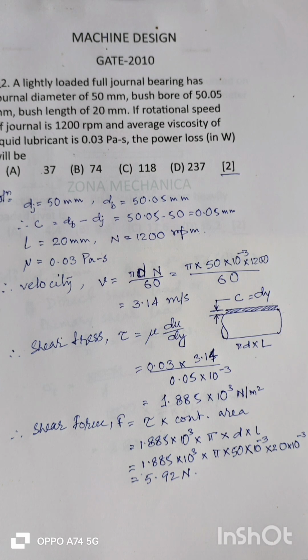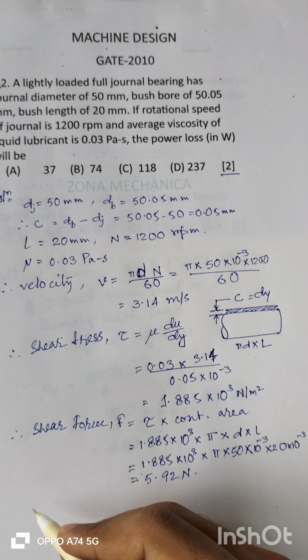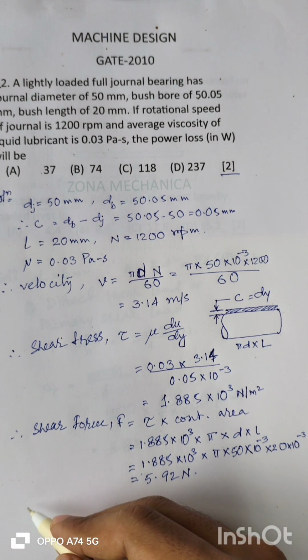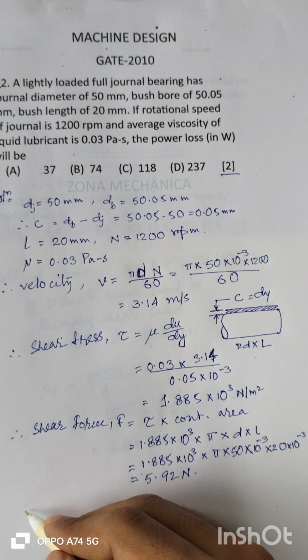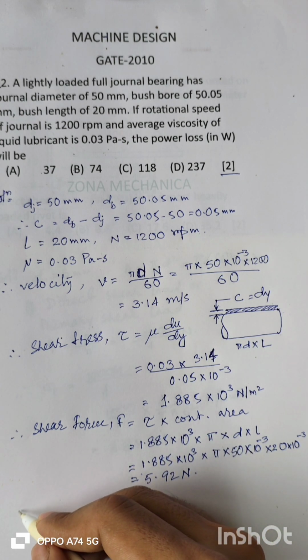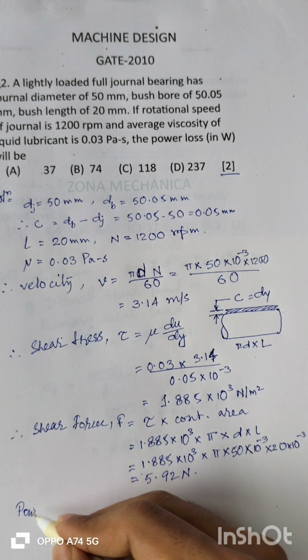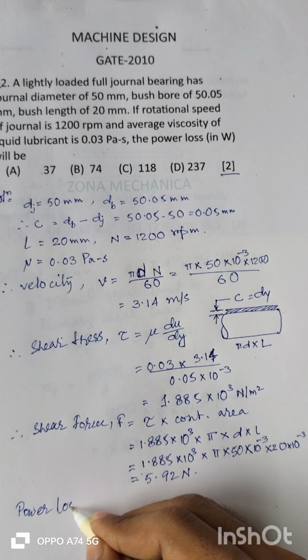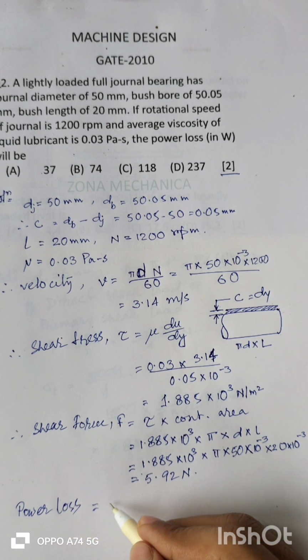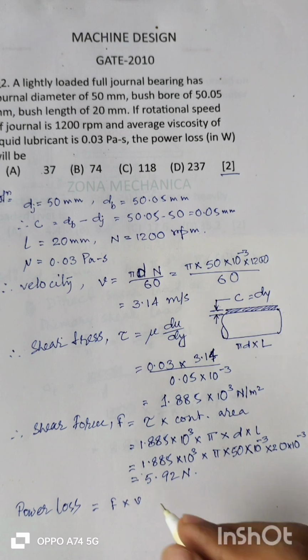Now we have to calculate the power loss. We know the relation between the force, velocity and power. So the power loss will be given by this force multiplied by the velocity.